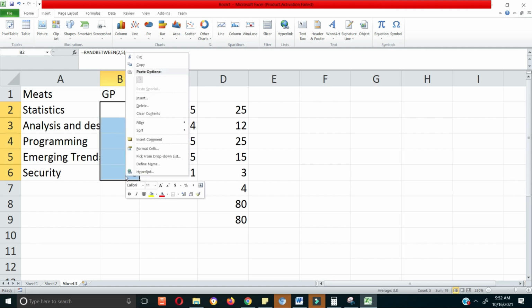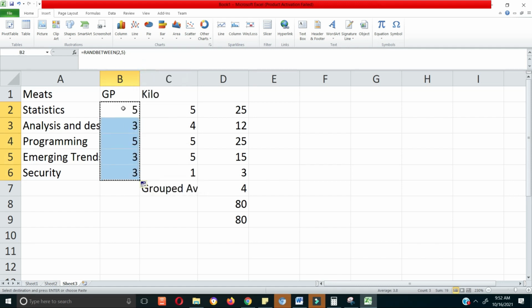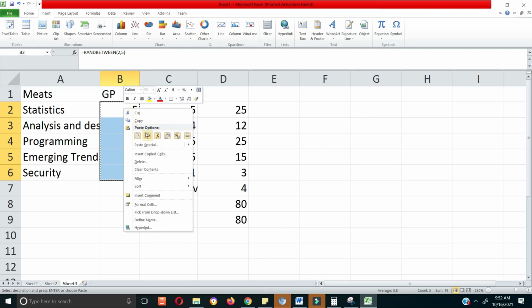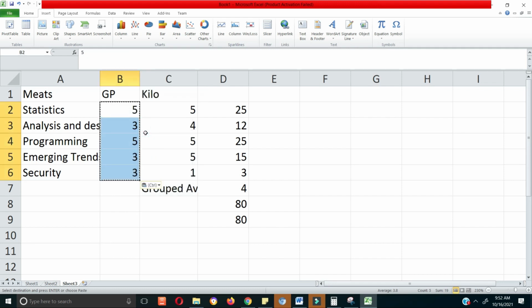So let's just fix this. So that's the grade point. Then you have the credit units. Let's say these are your credit units. So the grade point is going to be that by that.